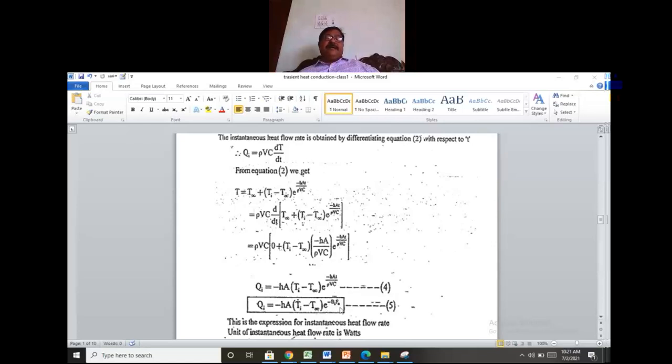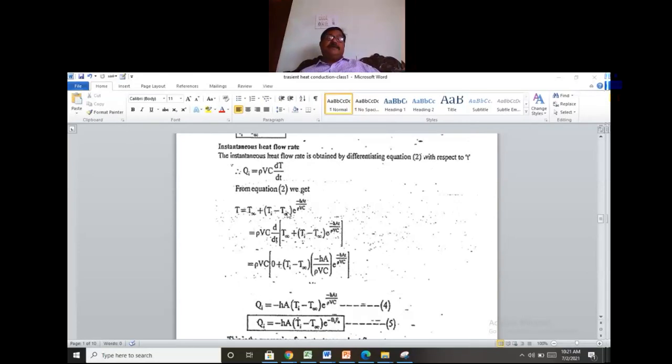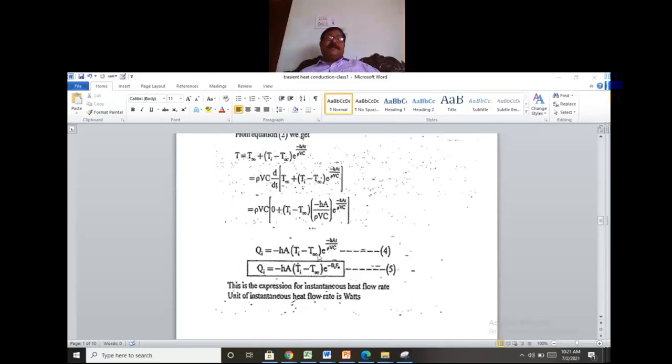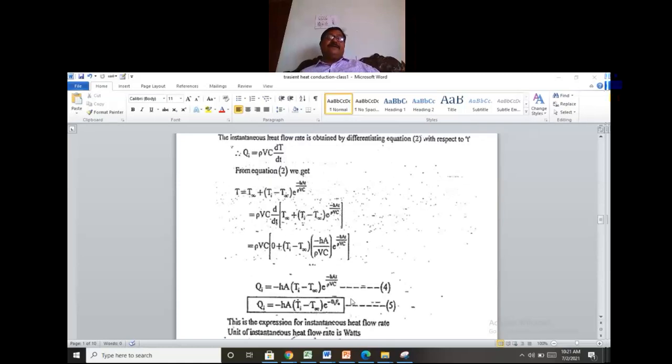This is the expression for the instantaneous heat flow, and the unit for instantaneous heat flow rate is watt.